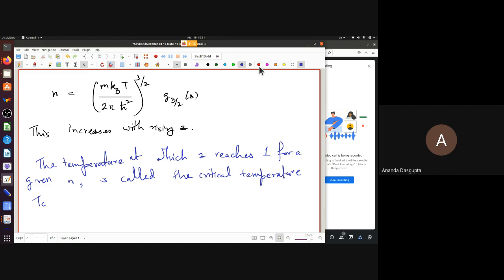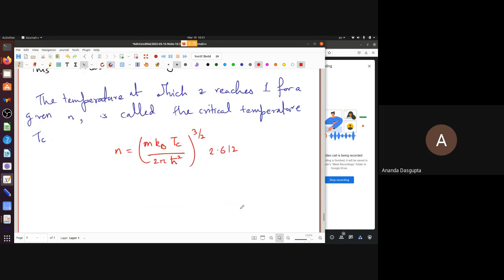And so our Tc is defined by this formula: n equals m k_B Tc by 2 pi h cross square, to the power 3 by 2, into g3 by 2 of 1, which is zeta 3 by 2, or 2.612. That's the numerical value. In other words, Tc for a given n can be calculated using this formula. It's 2 pi h cross square by m k_B, into n by 2.612, to the power 2 by 3. Just inverting this equation. So for a given n, you can calculate the critical temperature.